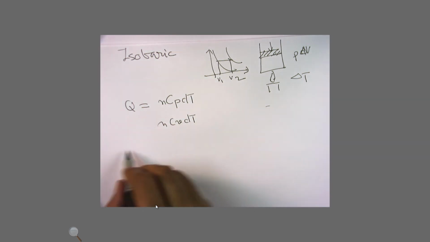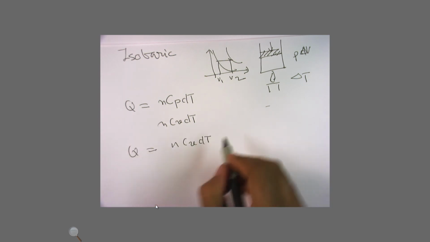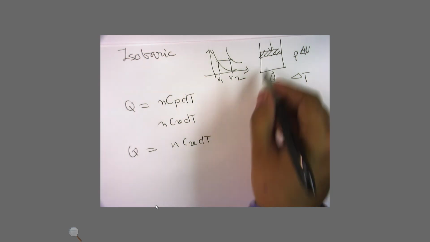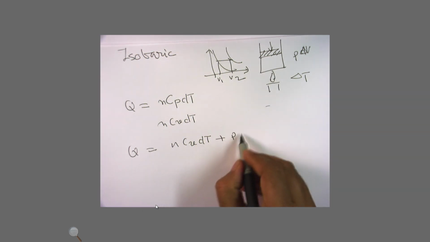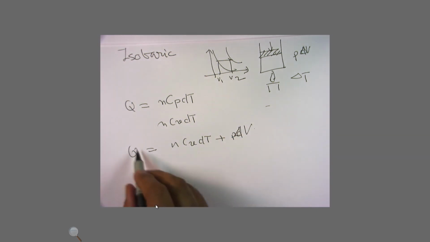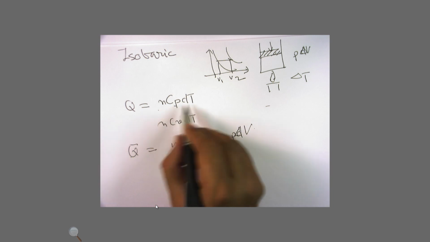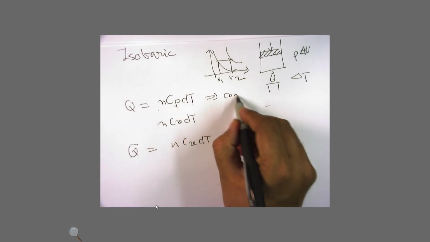So, Q becomes n Cv dT, when the volume was constant and we are giving the heat, plus P dV, which is then the change in the volume. So, if I now look at the Q supplied, it is equal to n Cp dT at constant pressure.